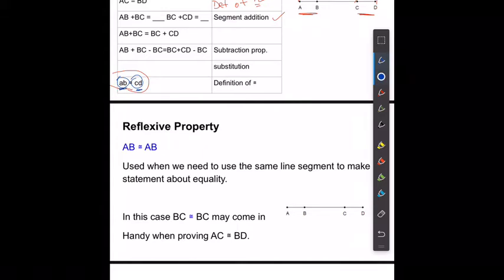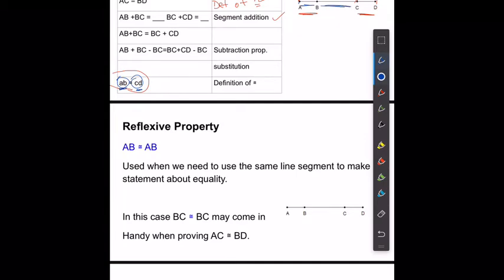So part of segment addition is, let's bring in these pieces. Okay, so what we're going to do is look at our picture here and look at what we see, and we can now say, all right, well, AC is made up of two parts, right? AB and BC.